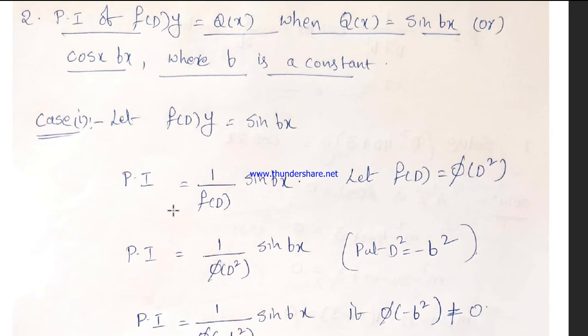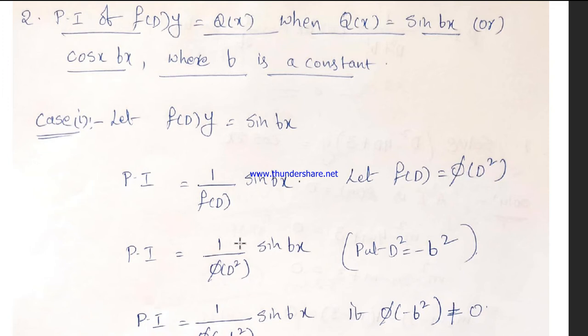So the particular integral is equal to the standard form 1 by f of D into Q of x, which is sin bx. So if Q of x is equal to sin bx, you can consider a function with D square. That means in the f of D, first we have to consider the term D square. So we can write the function in terms of D square, that is called phi of D square.